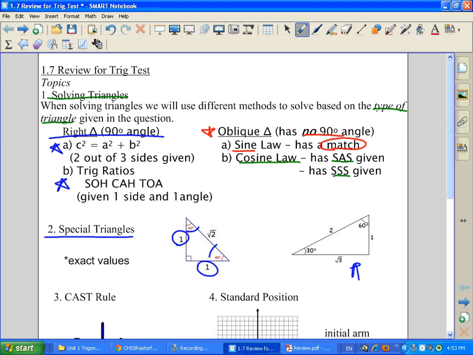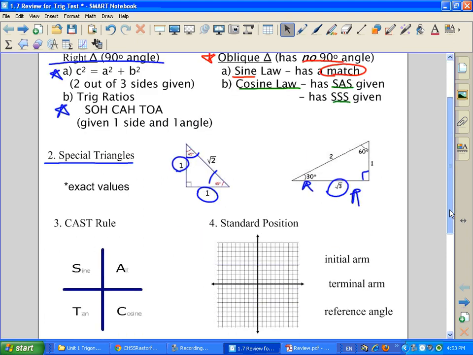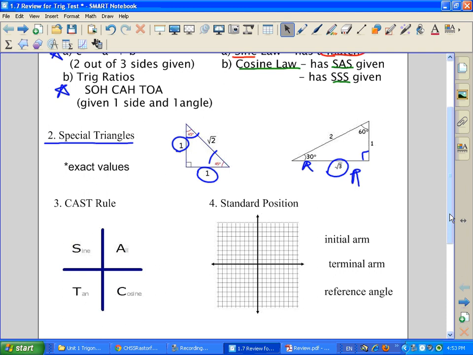I always remember that root 3 is beside the 90-degree angle. And just remember, these are both right triangles. The key to using special triangles is the wording when it says for the exact values. If you see the word exact values, you're probably going to use special triangles.